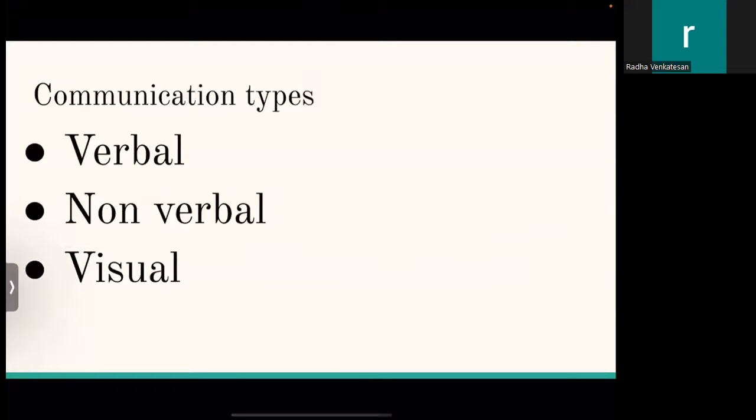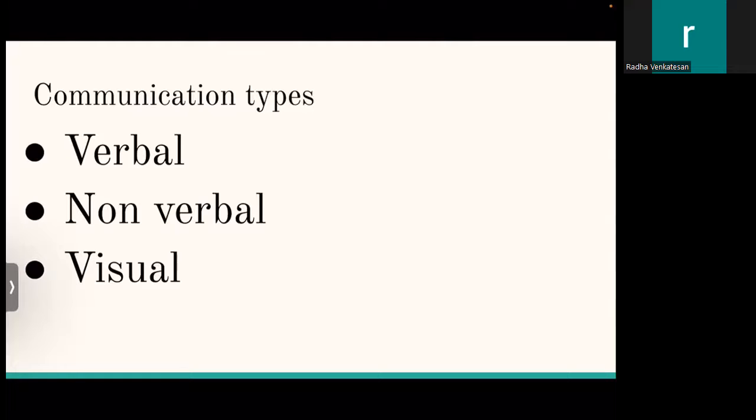Next, types of communication. Communication could be a verbal one, which we all do, and it varies from region to region, continent to continent, based on the language that we use. And next, something called non-verbal communication. This also we are all aware of. Not every time we need to talk to communicate. Our eyes speak, our face conveys.